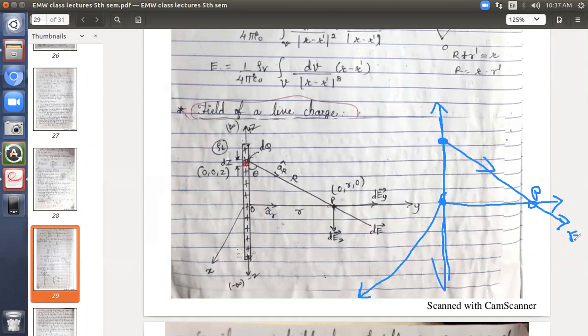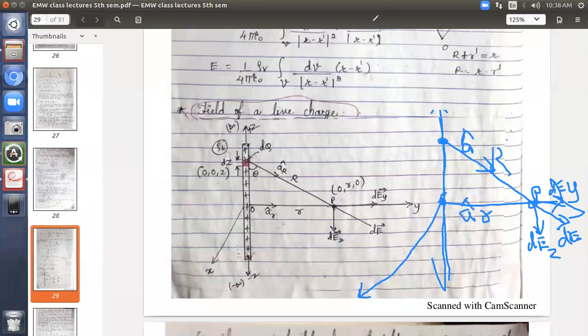This is not the total field, it is a small portion of the field. Resolve the vector into two components, horizontal and vertical. Here it is the y direction, so it is dE y. This will be your dE z. Is there any other thing I left? This is the distance R, and these are the unit vectors, a capital R and a small r.